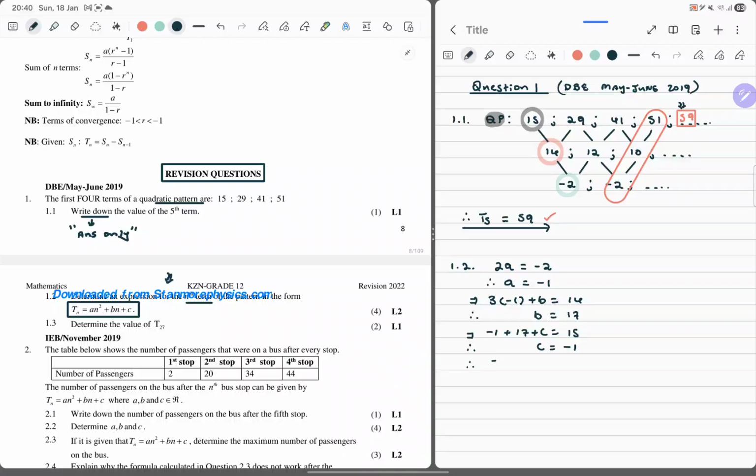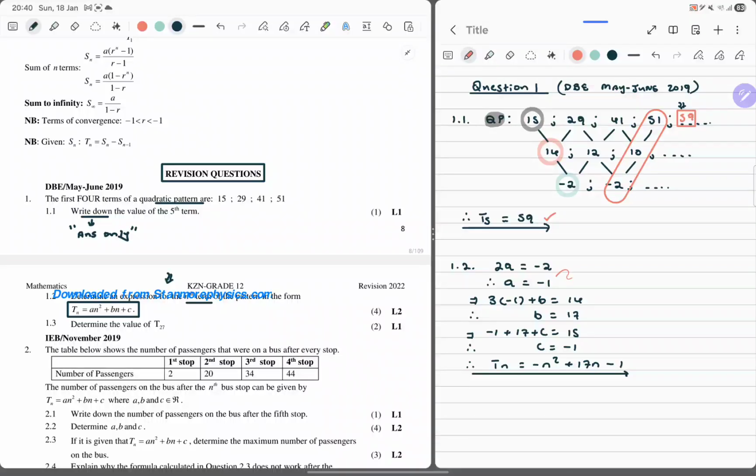So from here we can make a conclusion. T sub n is minus n squared plus 17n minus 1. Remember, we don't write minus 1n squared. So this is our answer, guys. So it's done.